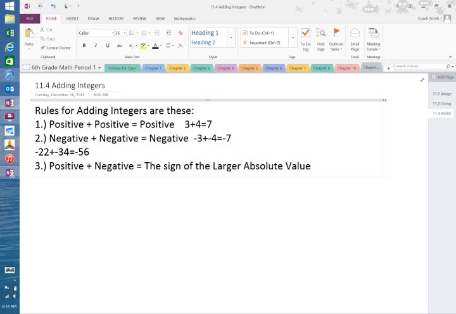Before I do an example here, I want to define absolute value. Absolute value is the distance a number is from 0 on the number line.